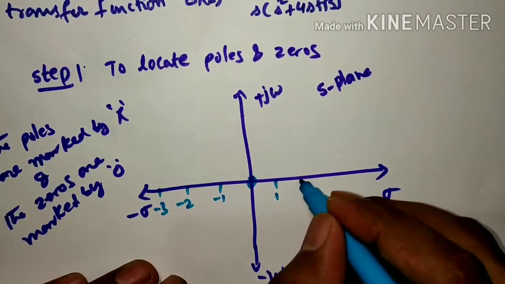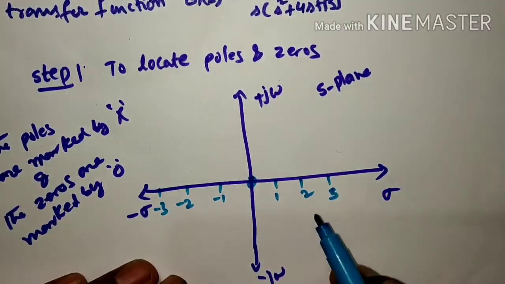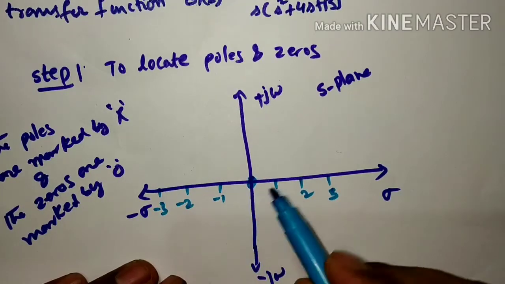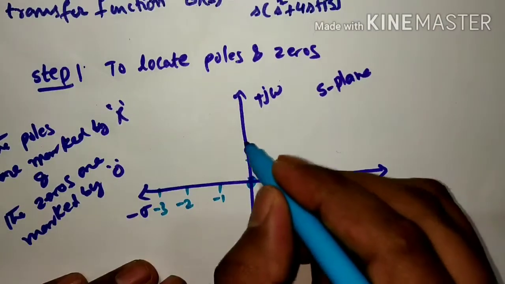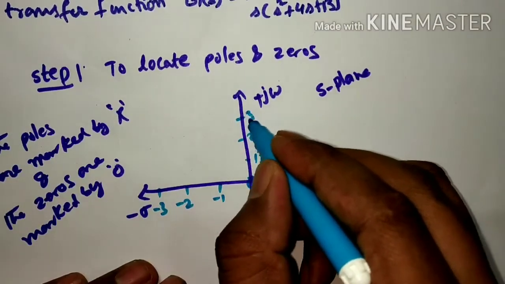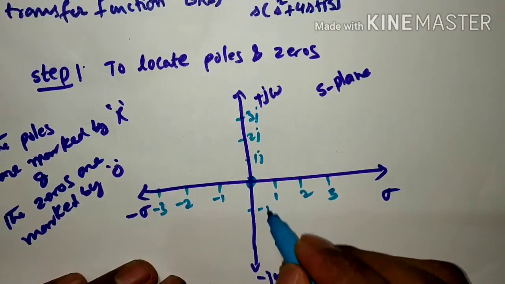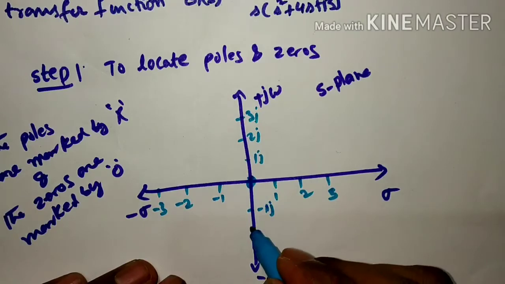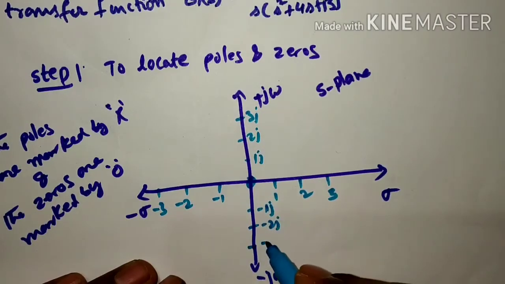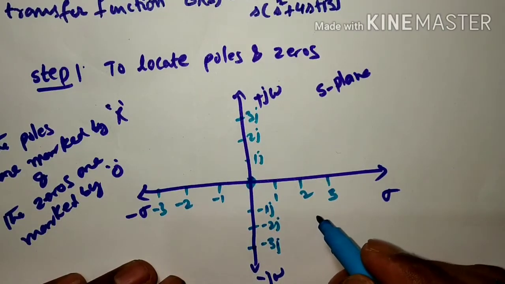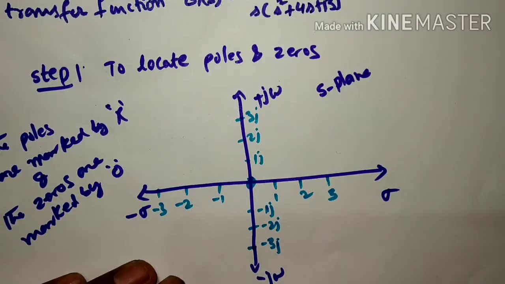This is the positive real axis, this is the negative real axis, and here are j1, j2, and j3, and below are −j1, −j2, and −j3.